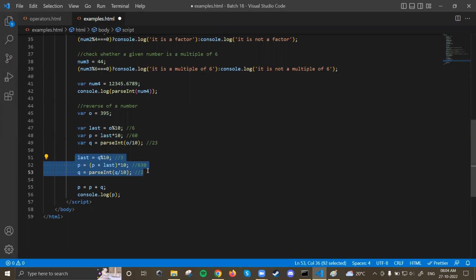Using those loops, you don't need to write these steps again and again. You will write only 3 lines, and you will tell the computer to repeat this until the digits are over. The for loop will automatically run these lines again and again until it is done.